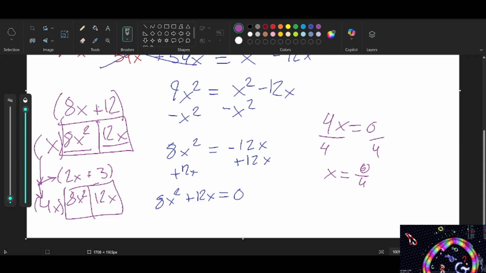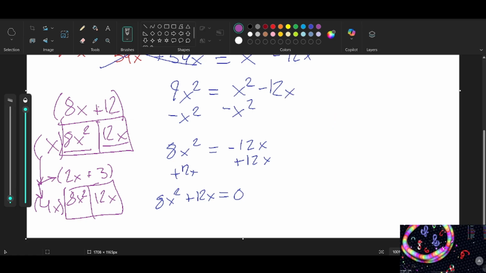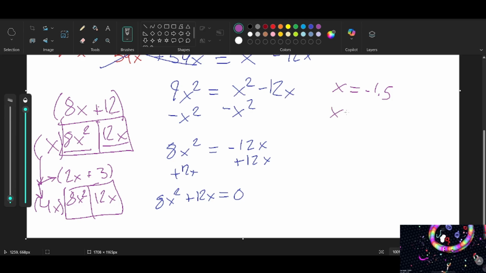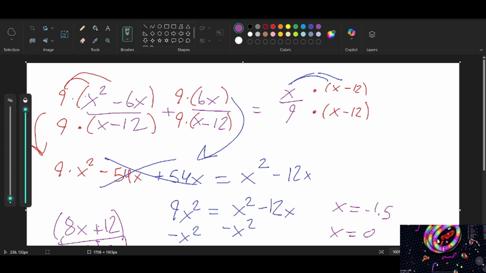So in this problem, the answer is that x equals -1.5 and x equals 0 are both solutions to this equation. What if I plugged -1.5 into all of this purple function, before or after I multiplied?